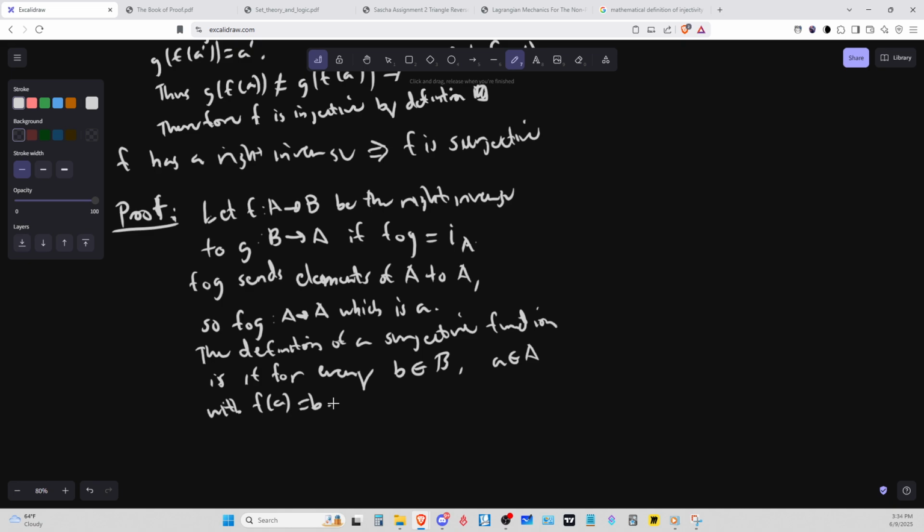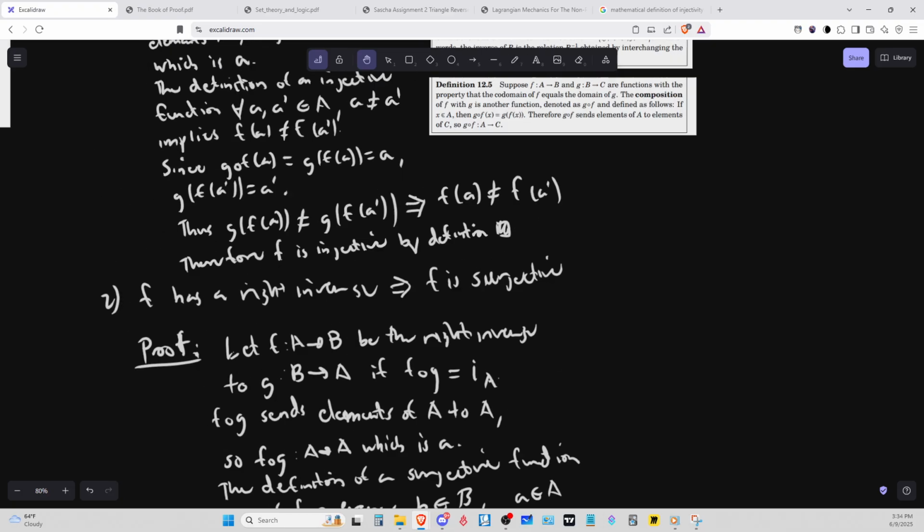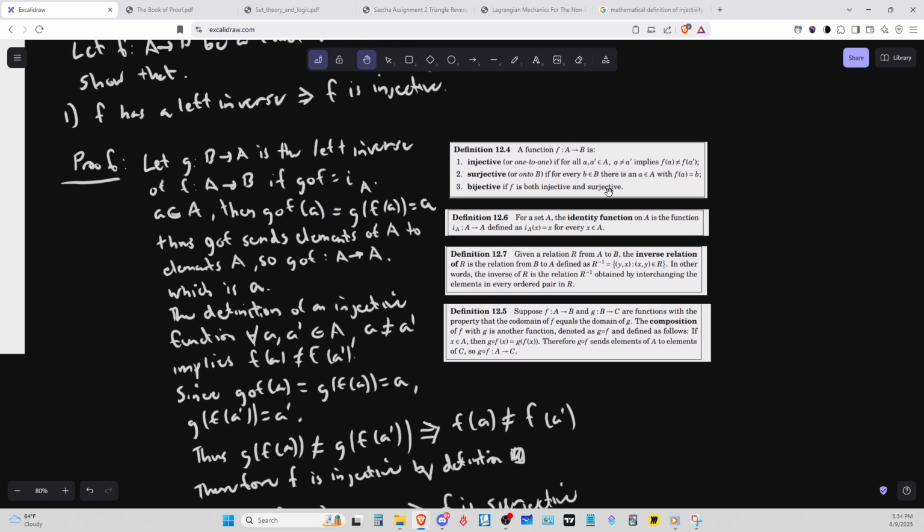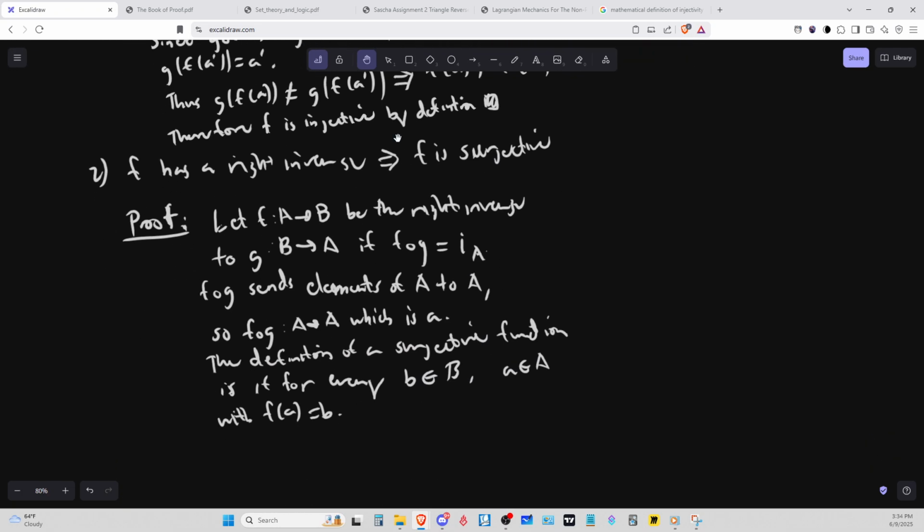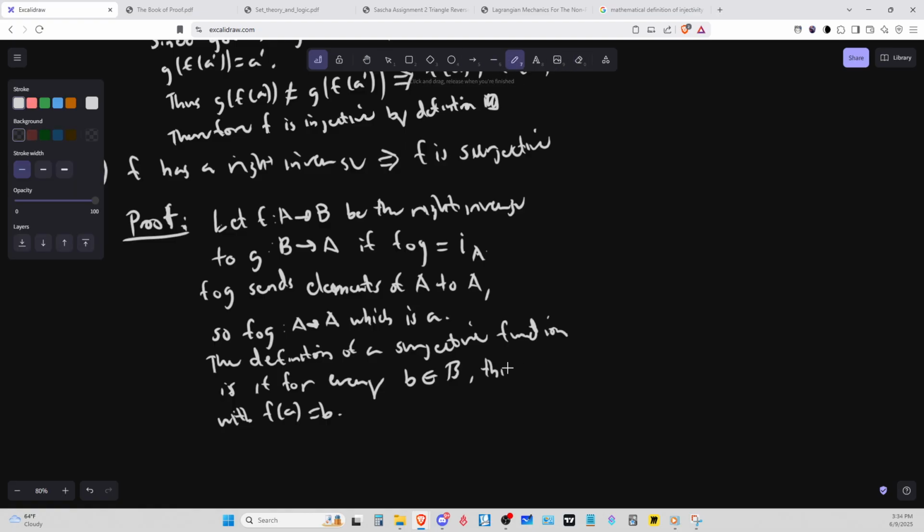So the definition of a surjective function is, for every b in B, there is an a in A with f of a equal b.